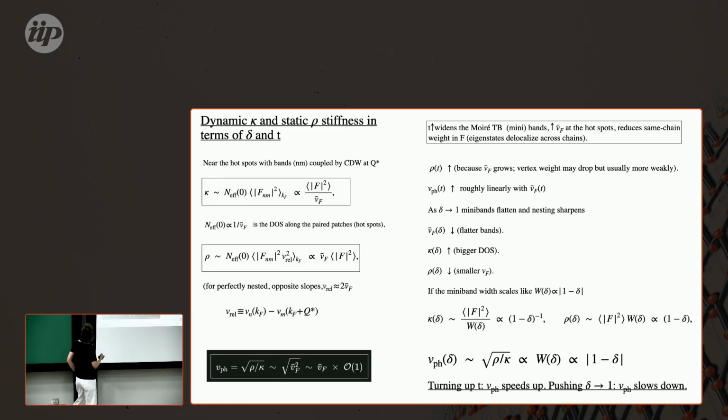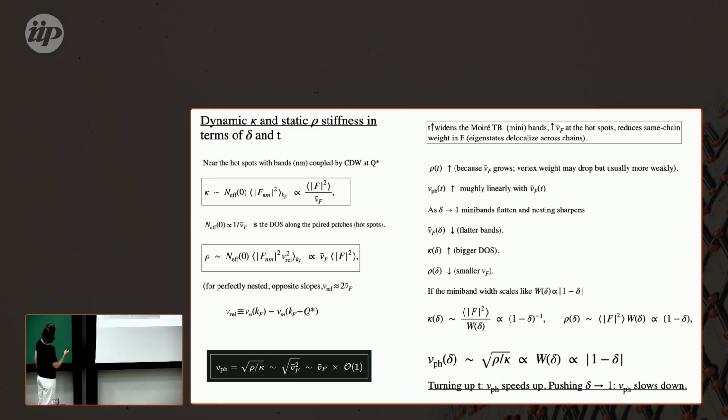So near this hot spot with bands N and M, coupled by this charge density wave at Q asterisk, one has that this kappa actually scales like the density of states of the system multiplied by the form factor. Remember, this F is just this multiplication of the coefficients of the U matrix, which has the eigenvectors of the non-interacting system.